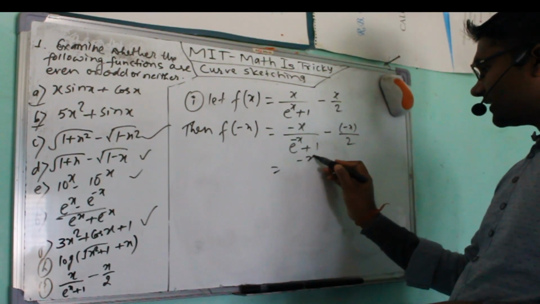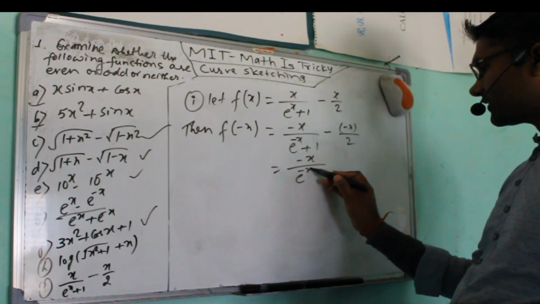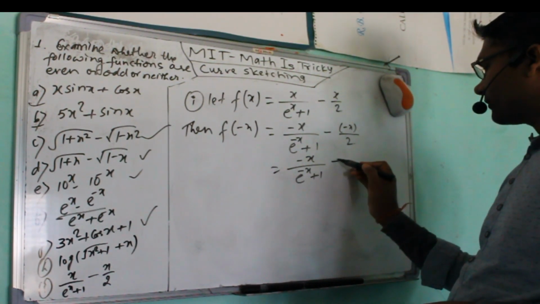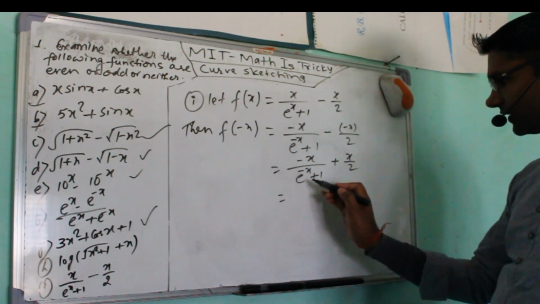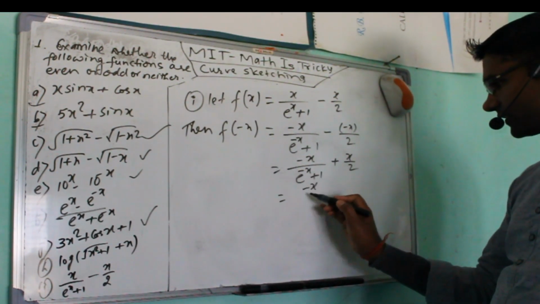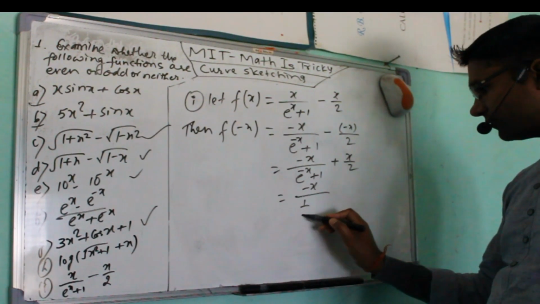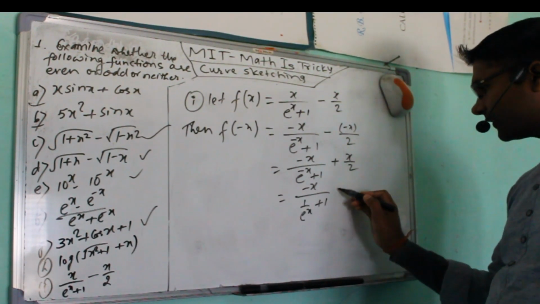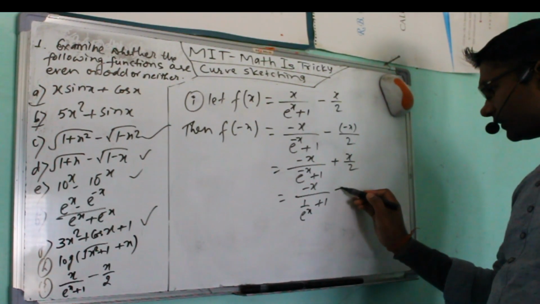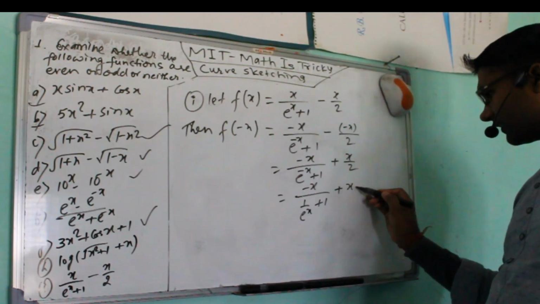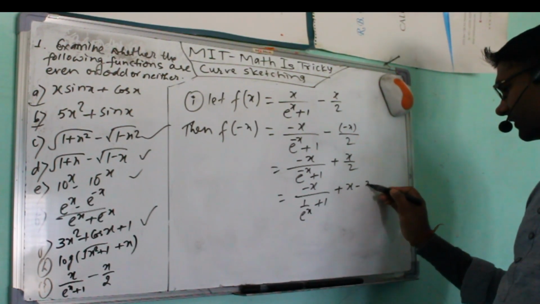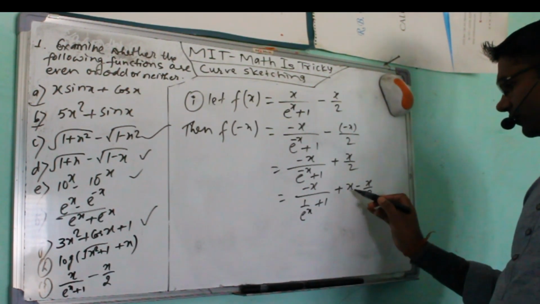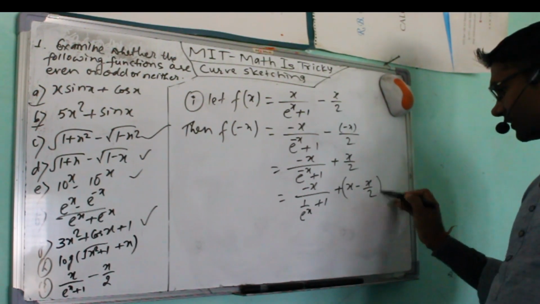So we are getting −x/(e⁻ˣ+1) plus x/2. To solve this, let's write it like this: x − x/(eˣ+1).